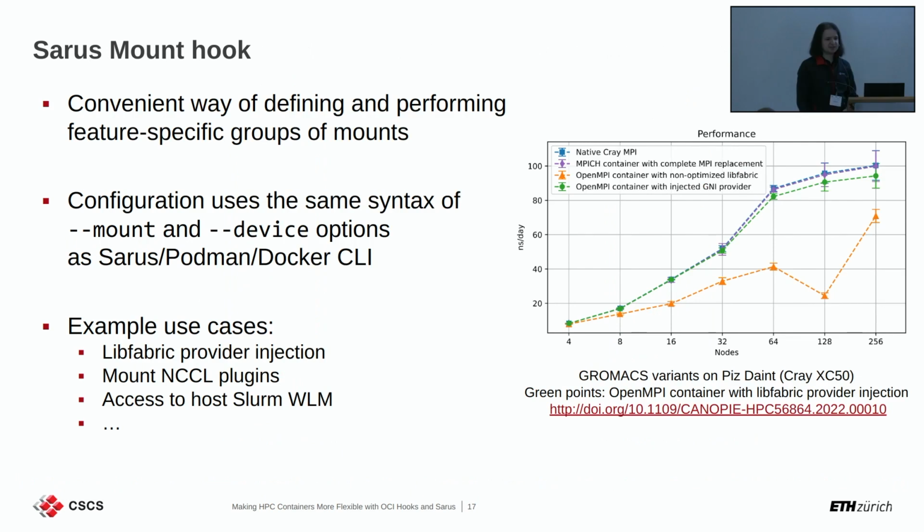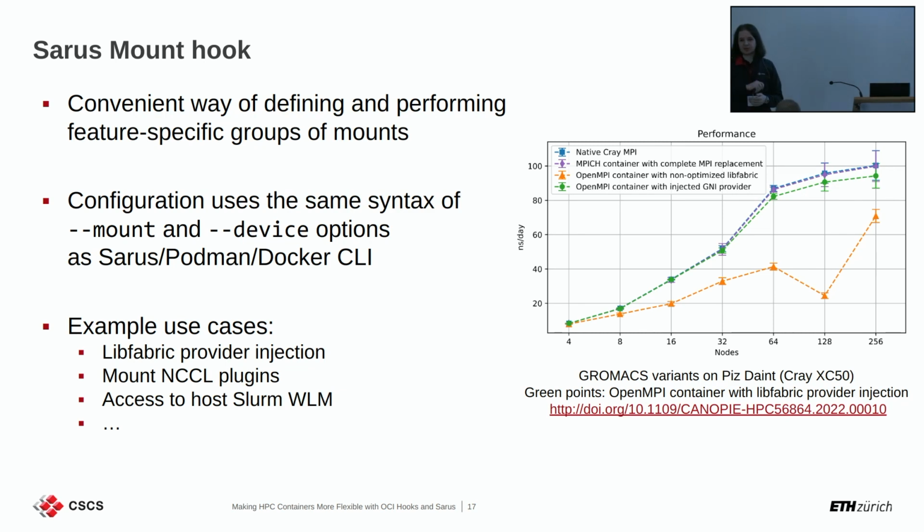And we call this the mount hook. The mount hook will just perform a sequence of arbitrary bind mounts or device mounts into the container. So it provides a convenient way of defining and performing a feature-specific group of mounts. For example, you know that you have a feature in your host system that, in order to be available within a container, just needs a series of libraries, directories or configuration files mounted within the container.